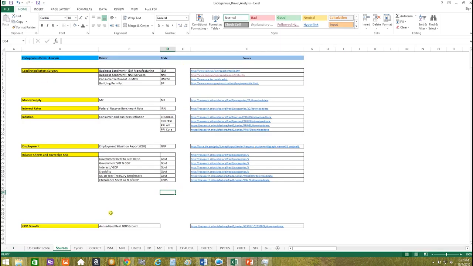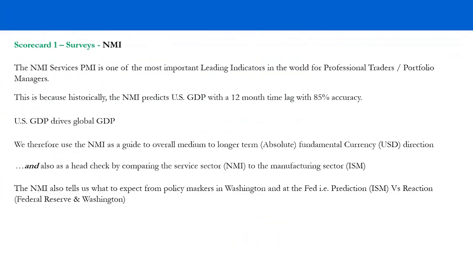The scores table is very similar to the US Endo Score table, except we have a few extra columns in here that we're going to show you later, which has all of the scores for everything in them. And what you can do is change these over time yourself. So let's go back to the presentation.